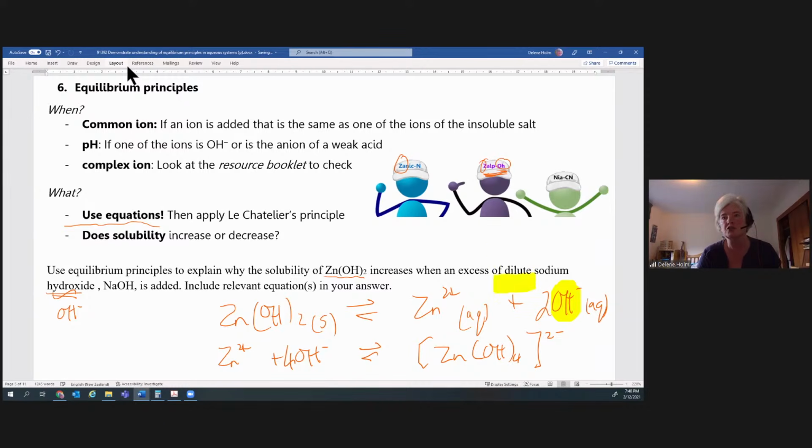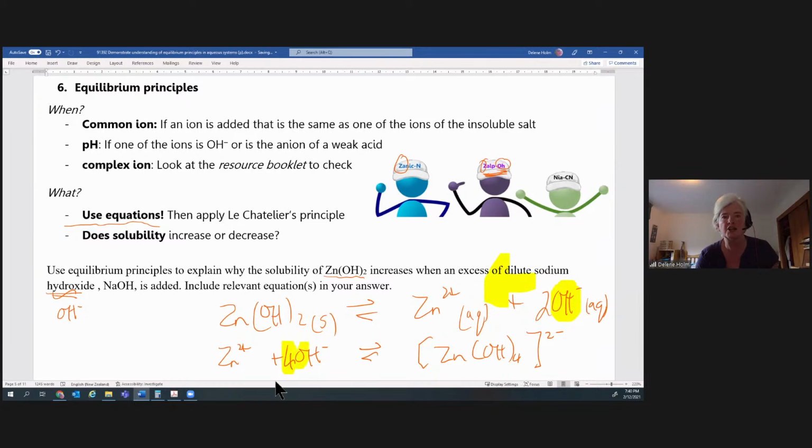So I am going to move towards the left. The equilibrium position will move towards the left, and I will get more zinc hydroxide being formed when I add some hydroxide. But if I keep on adding hydroxide, so can you see 4 OH is bigger than 2 OH?